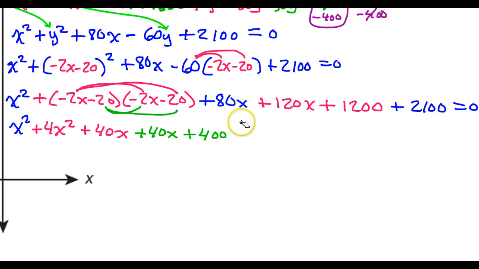Now that I've done all this, I'm going to put these together. So the 80x and the 120x make a nice convenient 200x. And then over here, we have 1,200 plus 2,100. That's going to become 3,300.